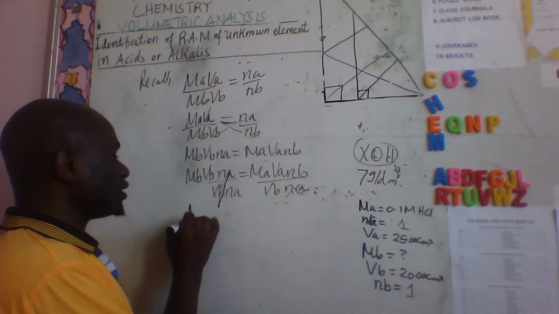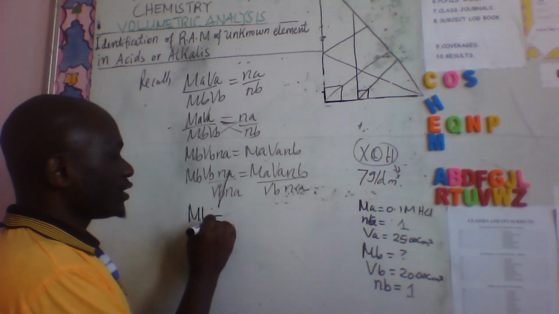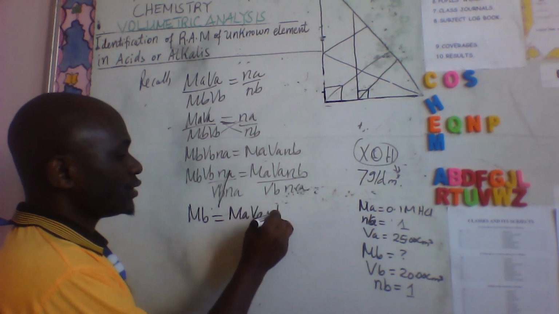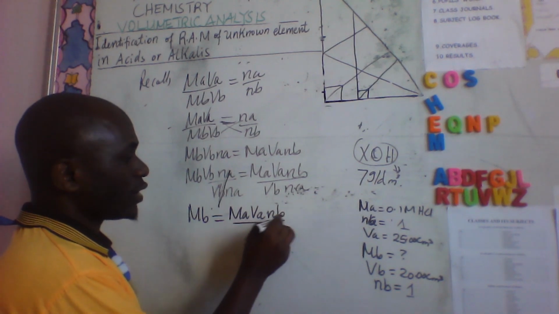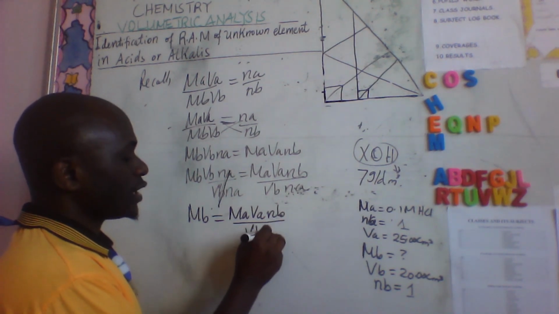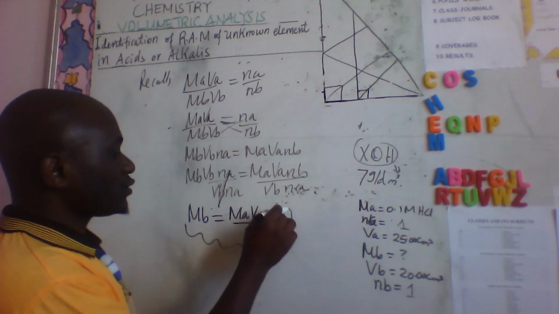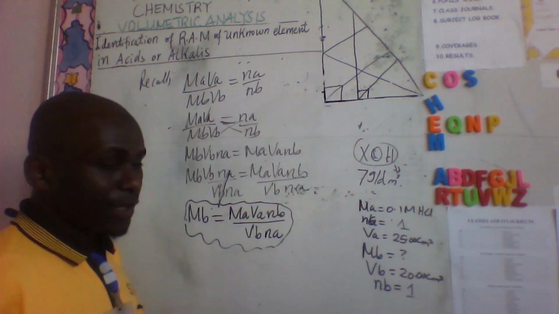So molarity of base is equal to molarity of acid times volume of acid times number of base over volume of base times number of acid. We are going to use this formula to find the molarity of base.